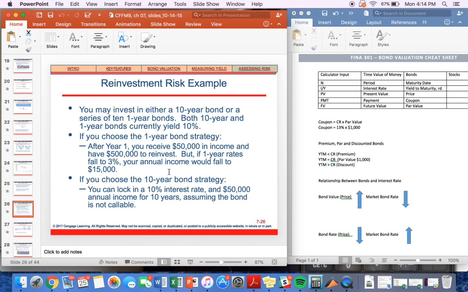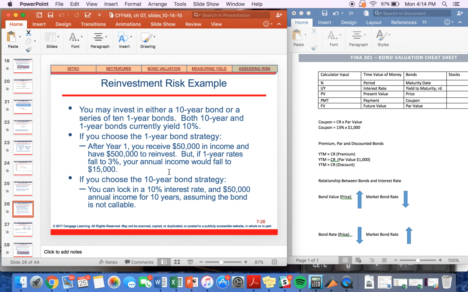So when it comes to reinvestment risk, short term is more dangerous than long term, because had you chosen the 10-year strategy, you could have locked in that 10% interest rate and would have had $50,000 annual income for 10 years, assuming that bond can't be called, but we'll assume that it can, okay? With reinvestment risk, you have a higher likelihood of the rate falling, and you would have far less money had you not locked it in long term with a 10-year bond.